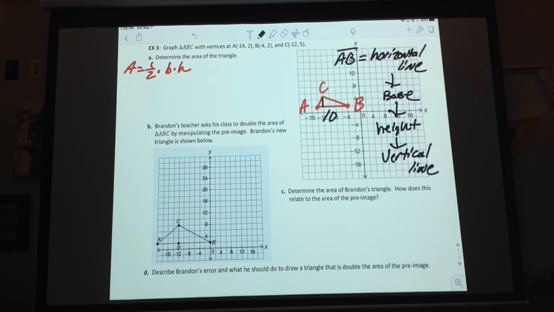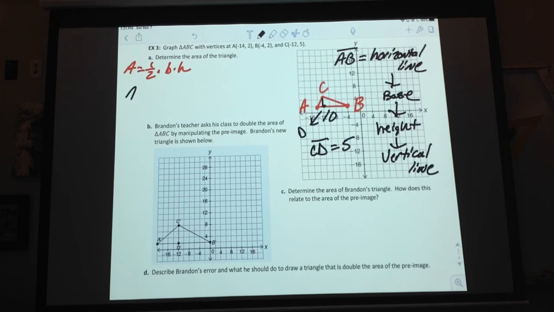And that is my height. I'm going to make that point D. So CD is countable as well. From C at 5 down to 2, so CD is going to be 5 units. Well, I have enough information to find the area of this.